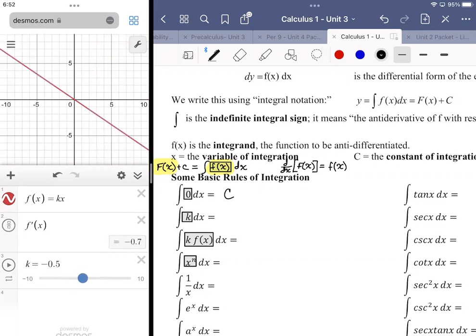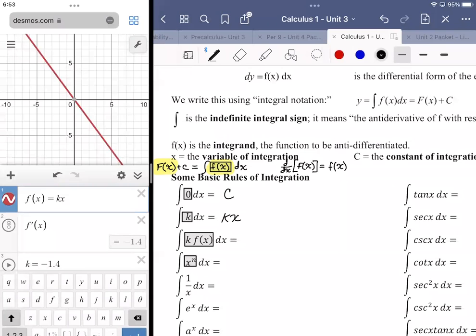So what we're looking at is kind of the formation of something known as the reverse power rule, because no matter where I put the K value here, let's say negative 1.6, negative 1.4, I'd have negative 1.4x as my function. Its derivative would just be negative 1.4. So whatever that K value is, its antiderivative is going to be K times X. But there could also be some constant added on at the end.